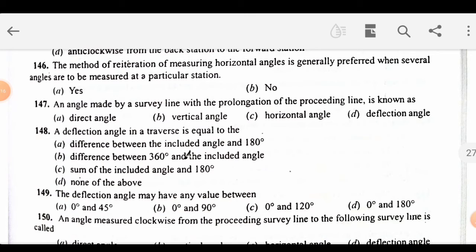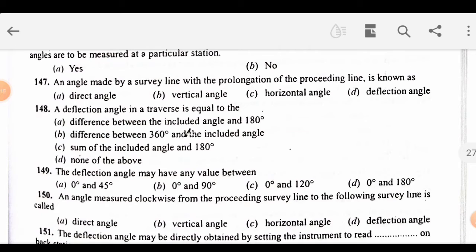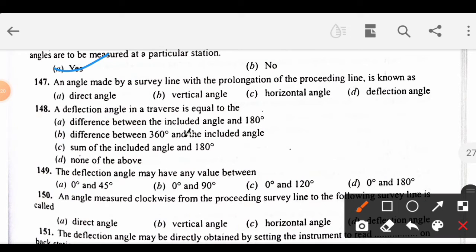Yes, it is correct. An angle made by a survey line with the prolongation of the preceding line is known as deflection angle.